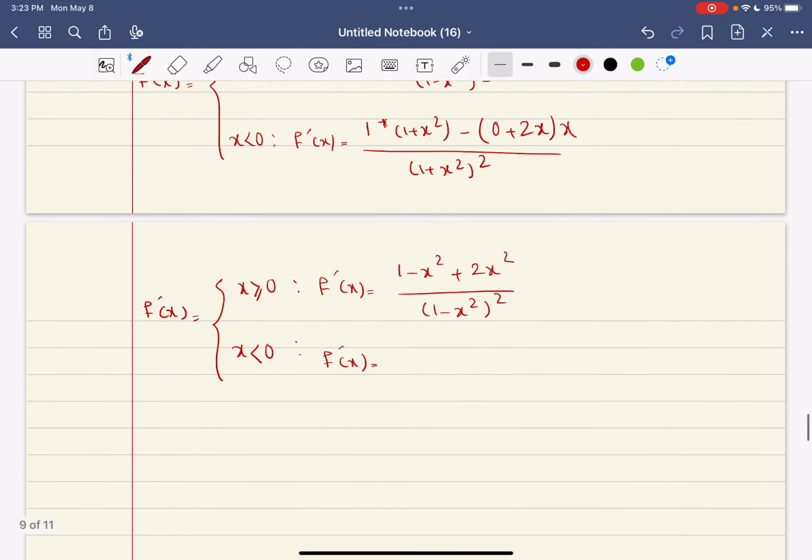The lower part would be equal to 1 plus x to the power of 2 minus 2x times x, which is 2x to the power of 2 over 1 plus x to the power of 2 to the power of 2.